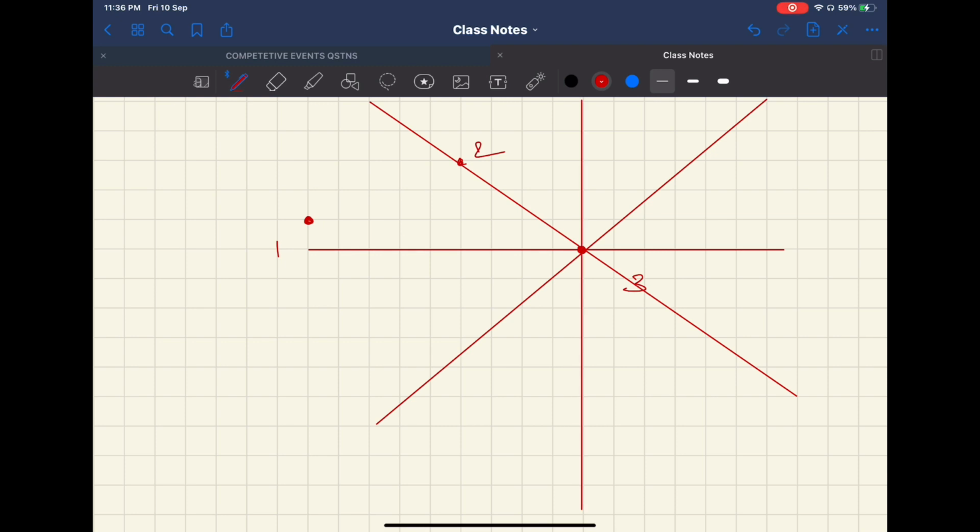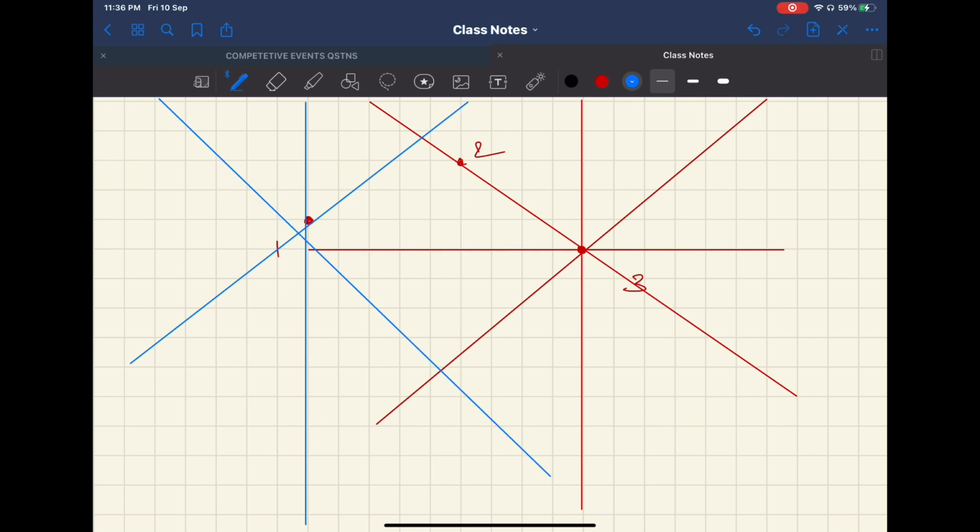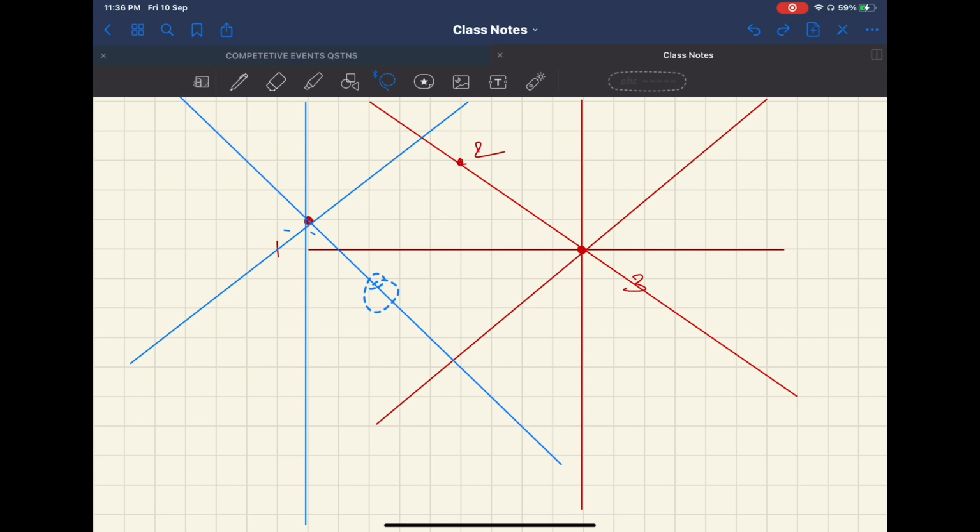So now taking all the 3 points, let me draw the lines that I'm talking about and show the intersections. Possibly this will help. The points which are marked are 1, 2 and 3. The blue lines are the lines passing through point number 1, and the red lines are the lines passing through point number 3.